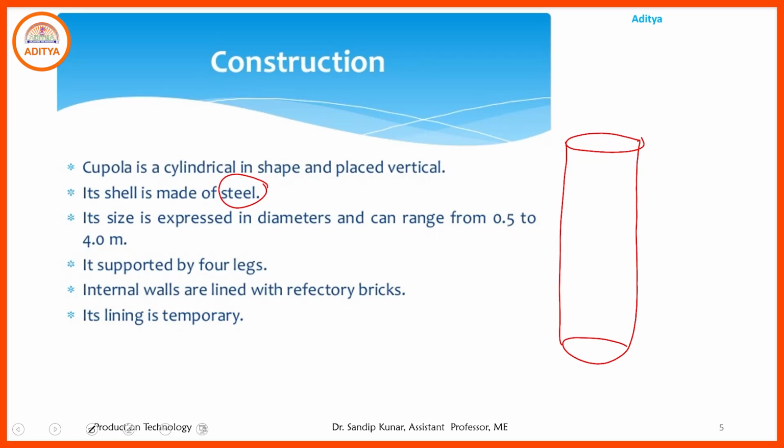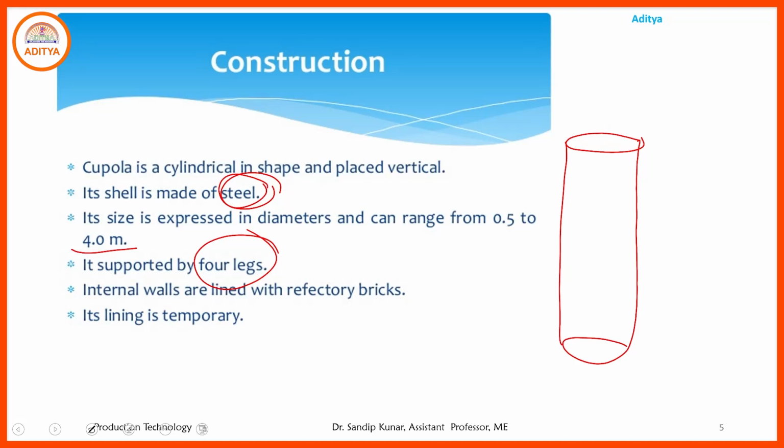The size of the cupola furnace is expressed by its diameter, and the range varies from 0.5 to 4 meters, and the furnace is supported by 4 legs.